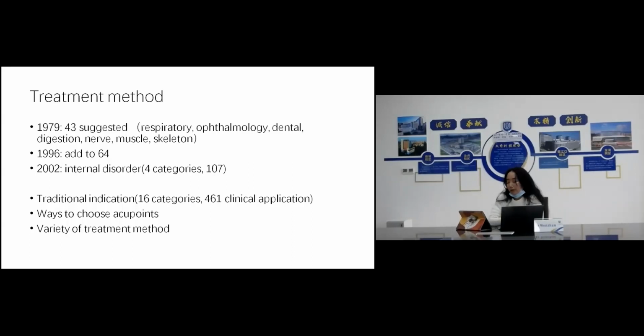According to traditional Chinese medicine, our traditional indications include 60 categories and 461 clinical applications, and this part still remains for us to prove that it is effective, including neurology, psychiatry, respiratory, digestion, gynecology, blood circulation, and all kinds of different diseases.